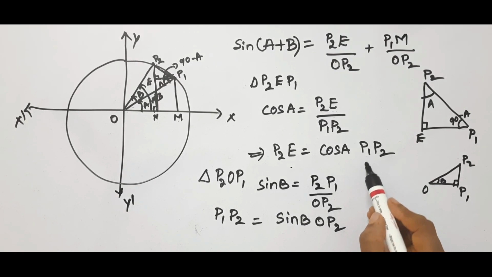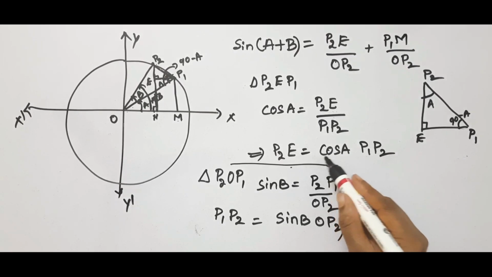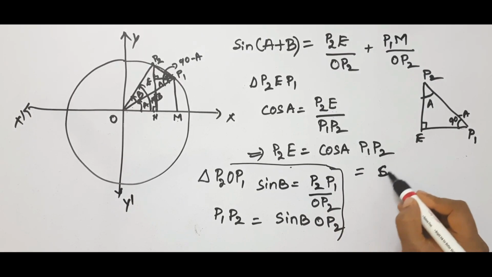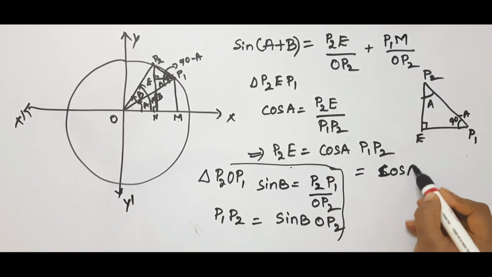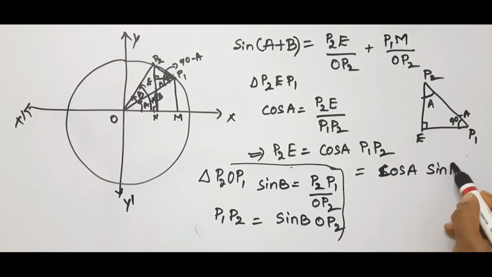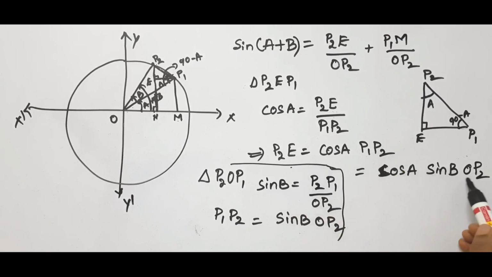Now let us substitute here. So substituting here, the P1P2 value we got as sine B OP2, we will get P2E equal to cos A sine B OP2, is it not?